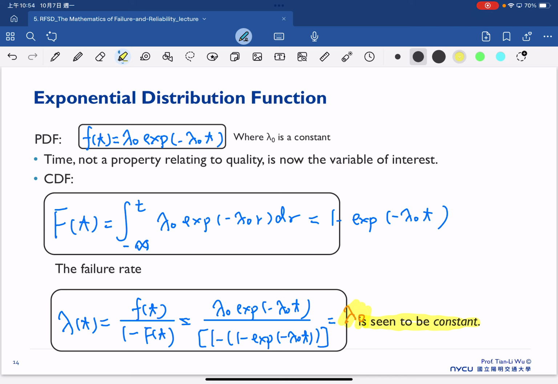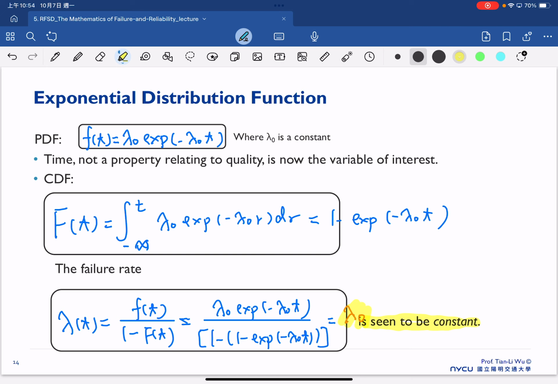So that's why, in addition to the linear function, the exponential is always our first guess. The reason the exponential distribution function is important for reliability modeling is that it implies the failure rate for this product is constant.